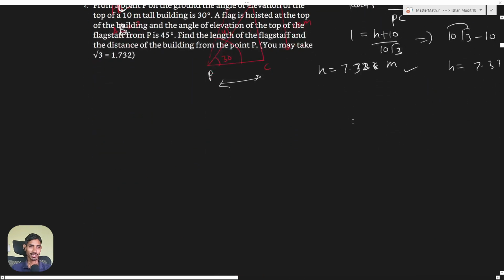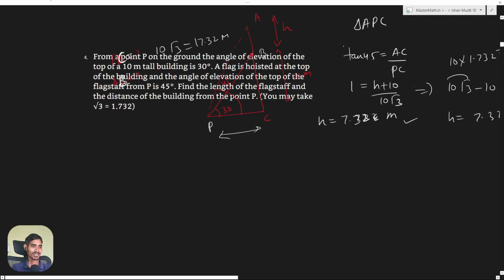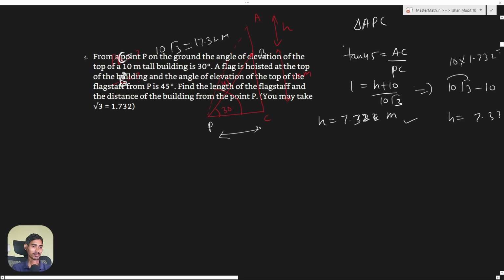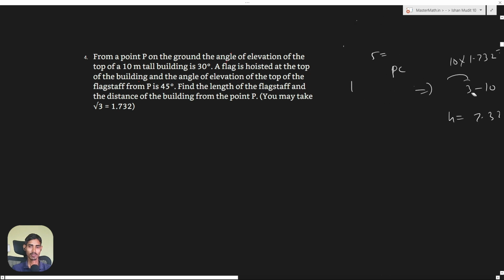Okay, just close your eyes for a moment. You can read the question. For the missing sides, you can take some variables also. That's also allowed. X, H, Y, all this.